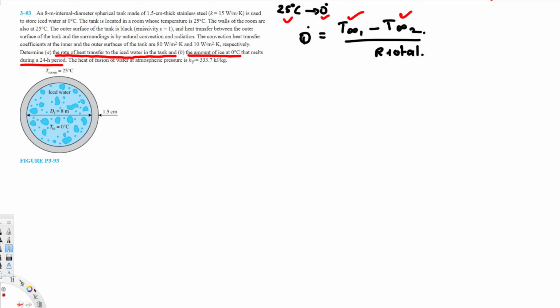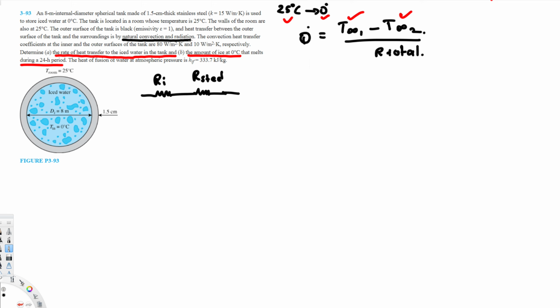So first of all, we have inside resistance, R inside. Then we have R due to the stainless steel. Then we have outer resistance. In the question they have mentioned that the heat transfer between the outer surface of the tank and the surrounding is by natural convection and radiation.